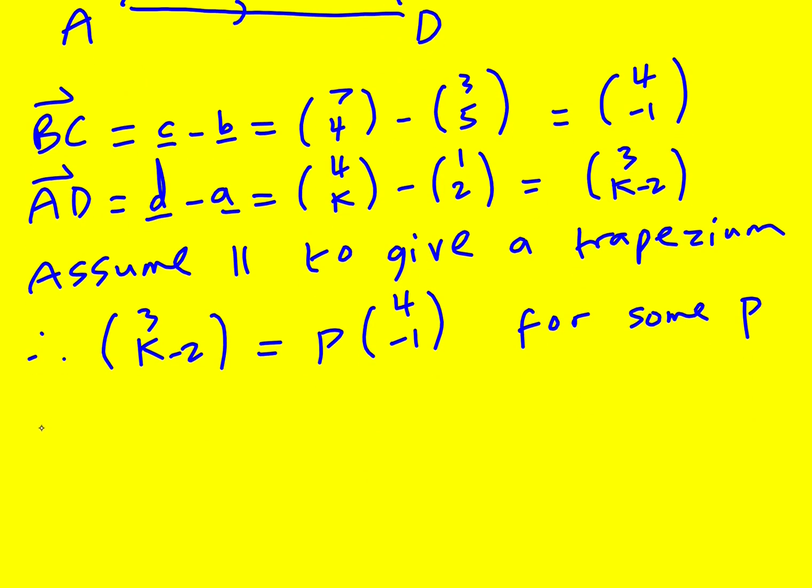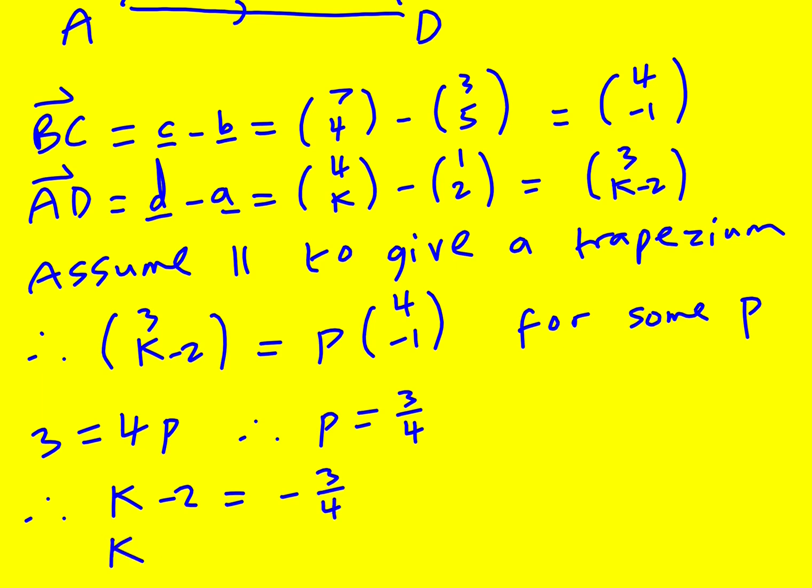And we've got that 3 will equal 4p, because it must be that the x coefficients are equal. Therefore, p is going to be 3 over 4. And therefore, k minus 2 is going to equal 3 over 4 times minus 1. This is going to be minus 3 over 4.